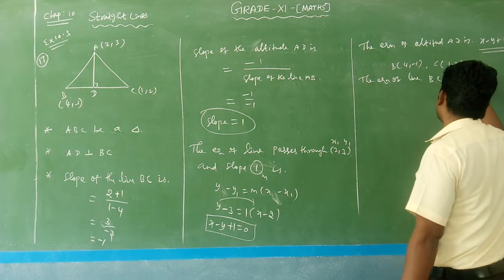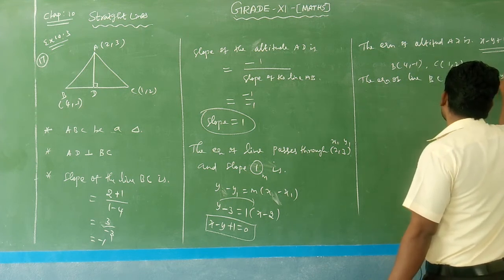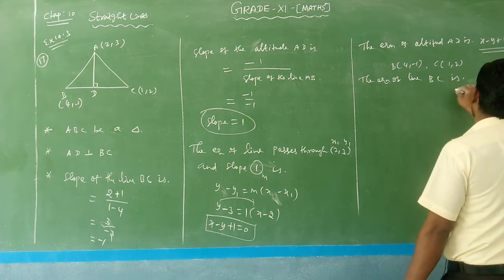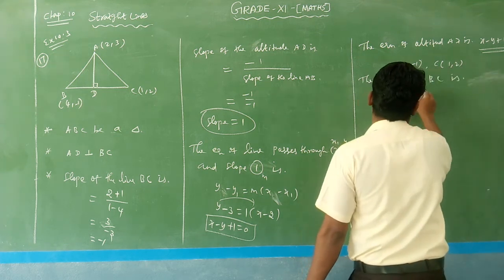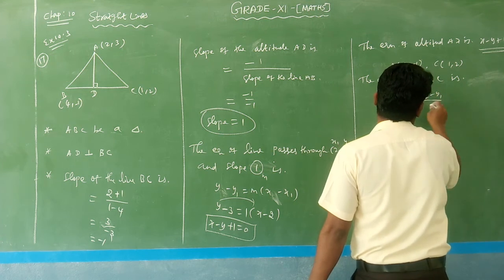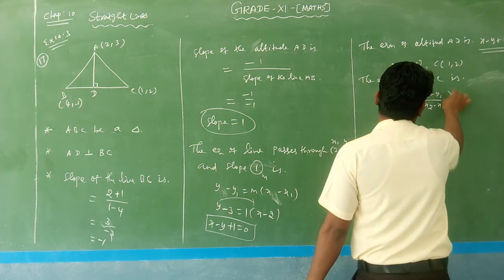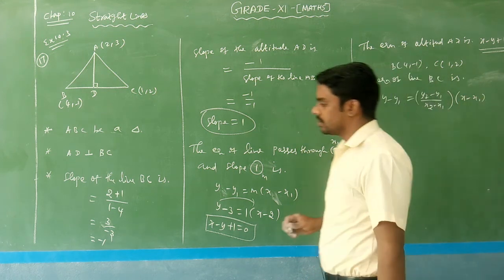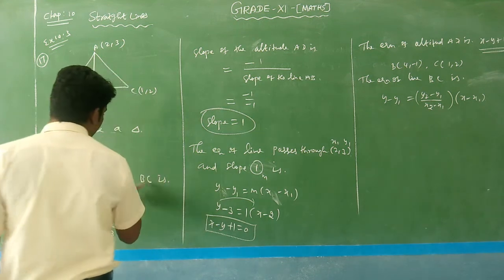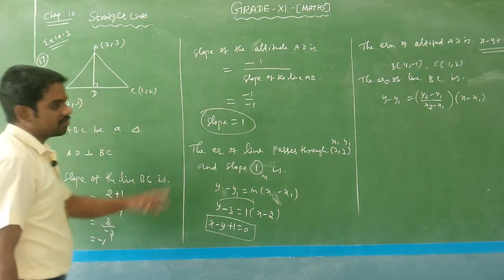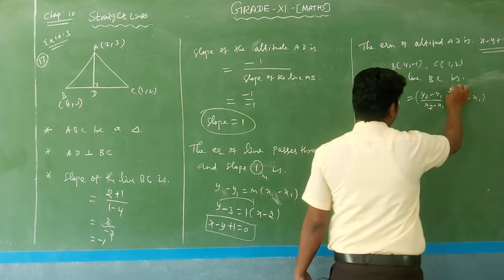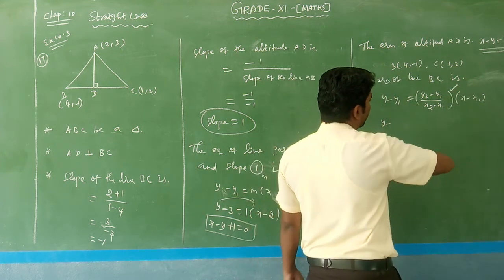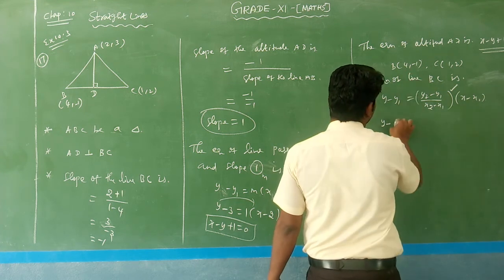You know the formula is y minus y1 is equal to y2 minus y1 by x2 minus x1 into x minus x1. Okay, right. Already the slope of the line BC is minus 1. So substitute this value.